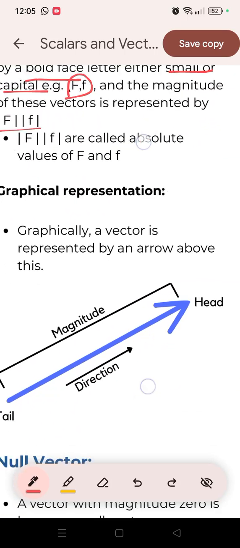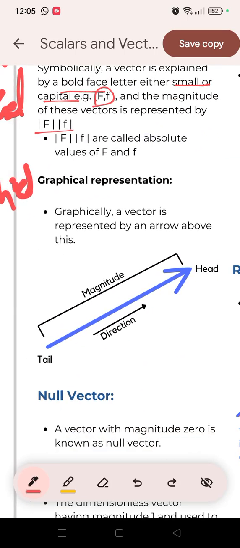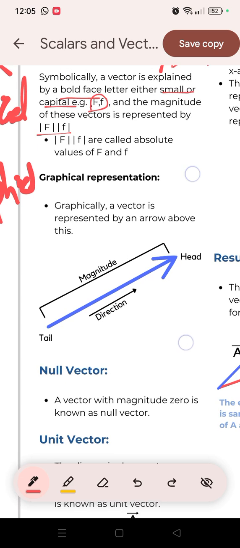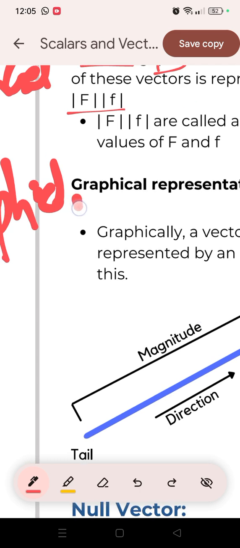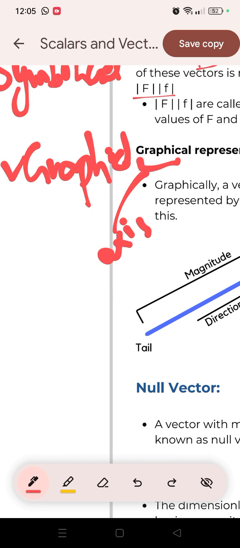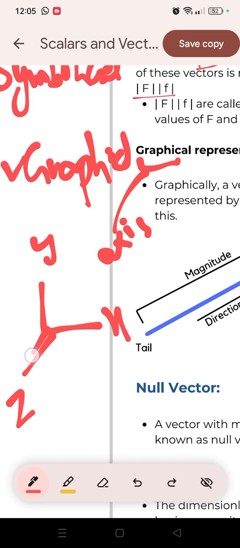Then we come to graphical representation. Before we start graphical, you need to remember that this word even tells that this would be related to graphs or axes. In a graph we have two axes, x, y, and z as well, because we have three space axes.